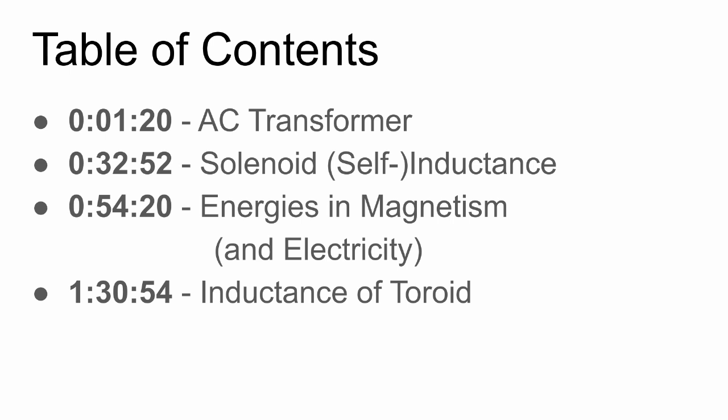Then, we spend most of the time in the lecture looking at inductors, as well as electromagnetic energy stored in the magnetic fields of inductors. Inductors are the last of the linear circuit elements we introduce in this class.